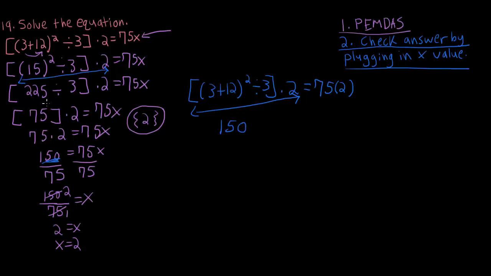And that's the same thing we did during these steps right here. So 150 equals 75 times 2, which is 150. And 150 equals 150, so this is a true statement, and thus 2 is our answer.